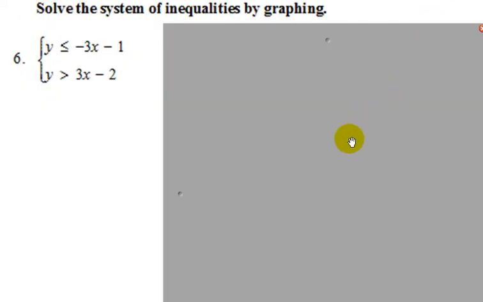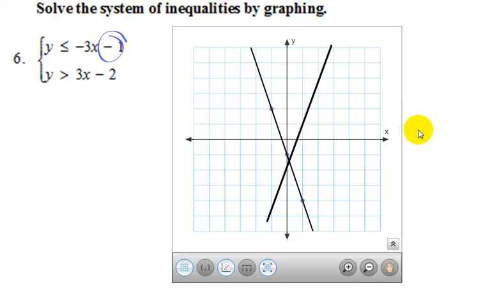Problem 6 says solve the system of inequalities by graphing. Well, notice that both of these are in slope-intercept form. And the first one says y is less than or equal to negative 3x minus 1. So we have a y-intercept of negative 1, right here.